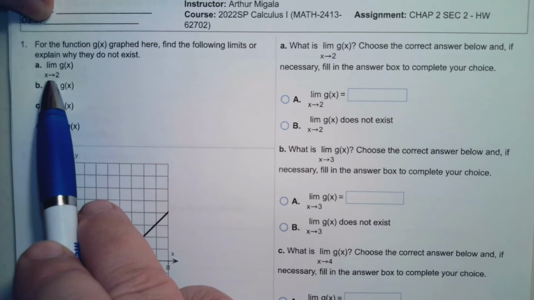Limit of g of x as x approaches 2. Remember, this is important.